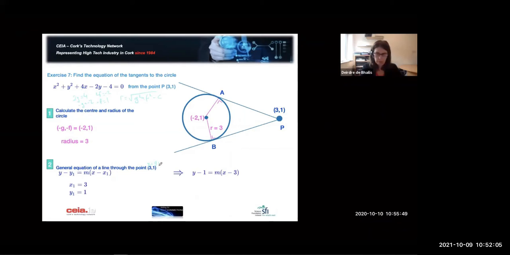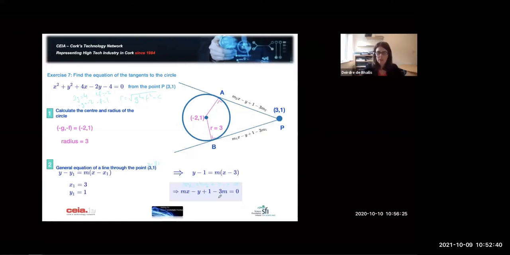Now we can multiply that out and bring everything to the left-hand side of the line. In our format, we're normally used to seeing the x's first, so it's written in the form ax plus by plus c equals 0. There's our x term, there's our y term, and all of this is our constant term. But now we have the equations of both of those lines, but each of them will have a different slope.